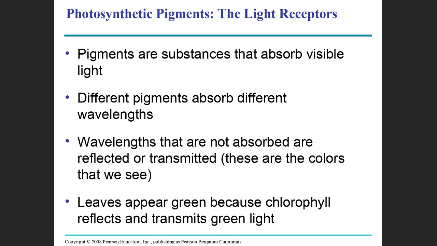It's not being absorbed. So if you use green light to try and grow plants, they're all going to die, right? Because they're not able to absorb that wavelength of light that's green. It's being reflected back to us. So not all the colors are necessarily used for photosynthesis. In particular, two colors are.